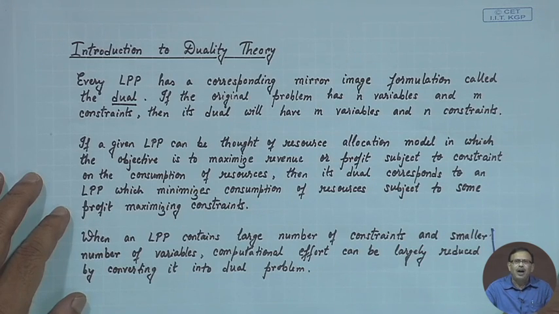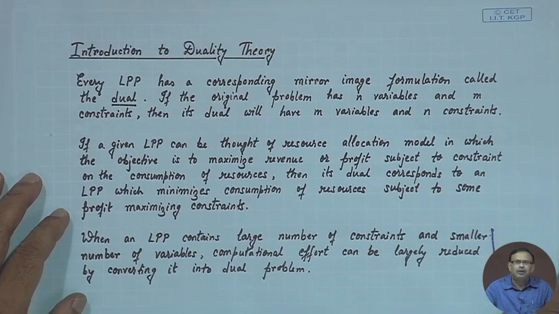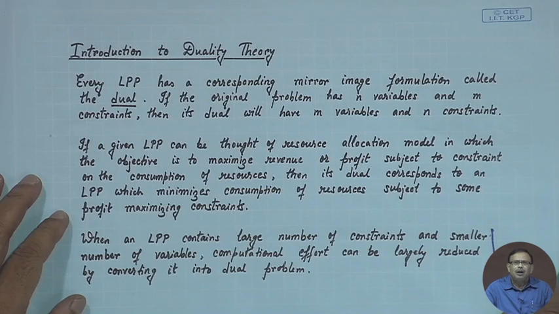Whereas, if I have a smaller number of variables and I convert it into the corresponding dual problem, then what will happen? My large number of constraints will go to the minimization one, and since there was a smaller number of variables, the number of constraints will reduce.